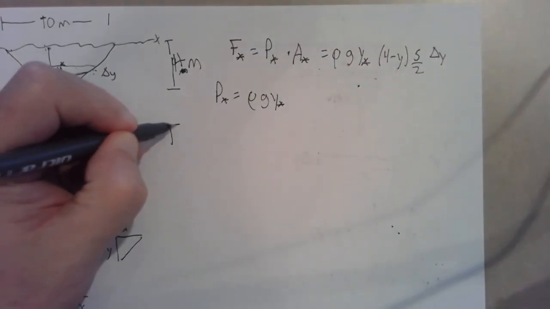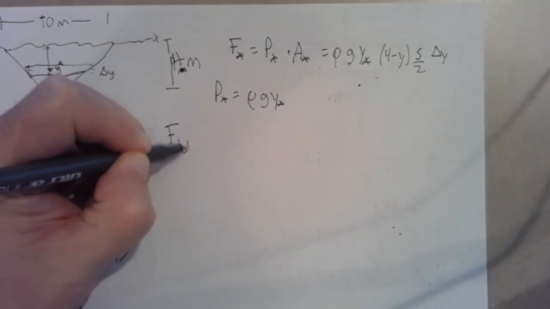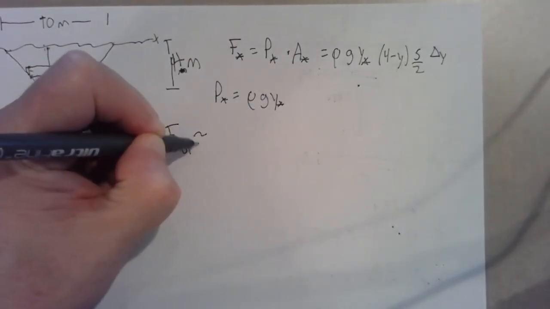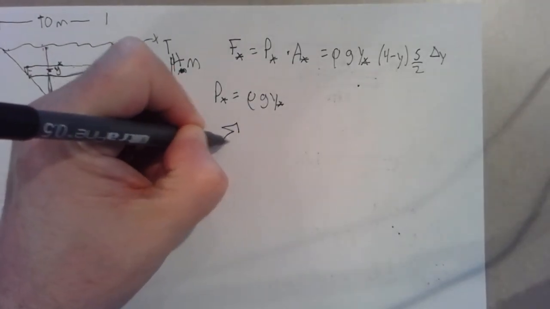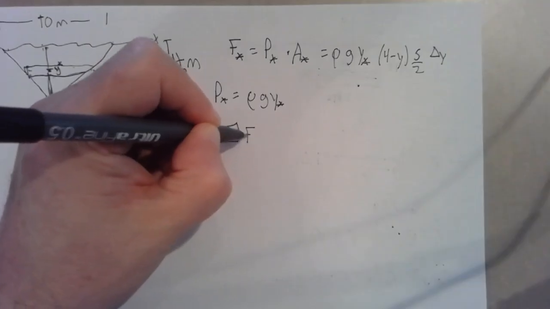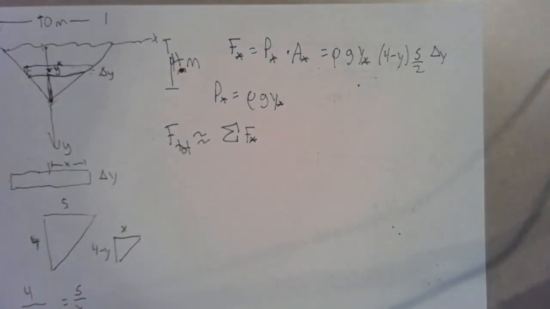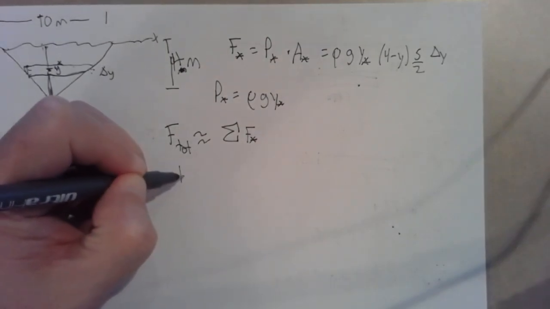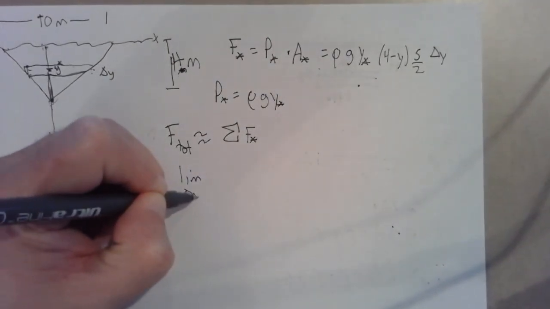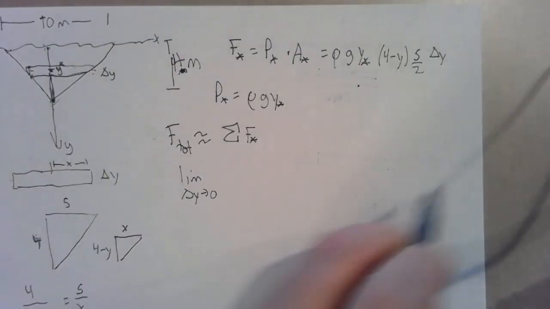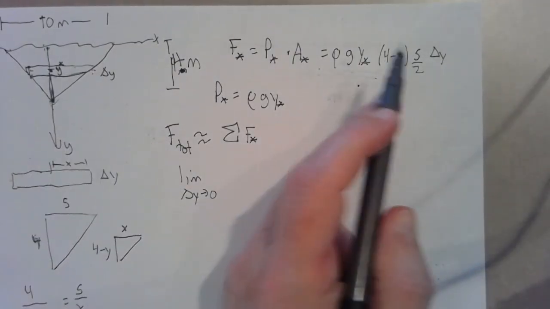So the total force, we're going to build our Riemann sum now, is approximately the sum over all the different rectangles we would do here, call it all the F stars. And we take the limit as delta y approaches 0. The delta y turns into a dy.